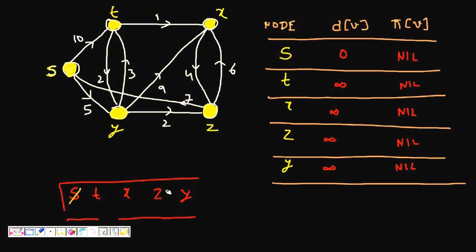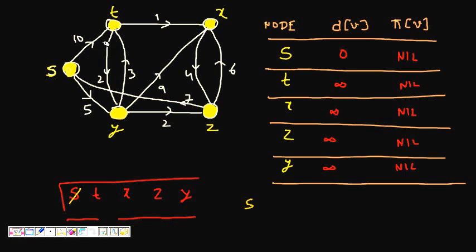s comes out as it was 0, and then from s we try to progress in the graph. Its neighbors are y and t. Let's say we come first to t.